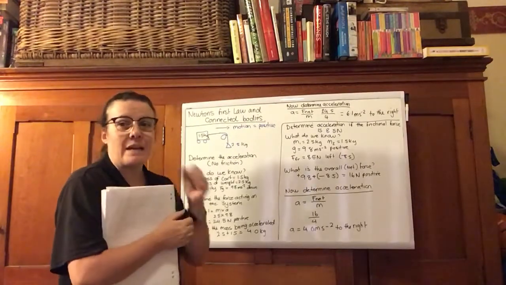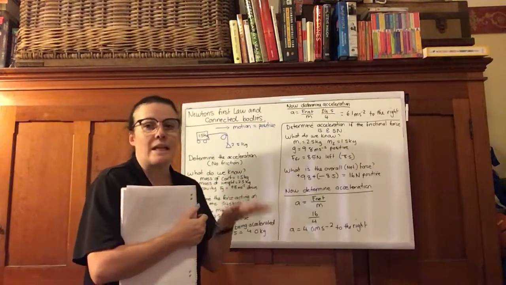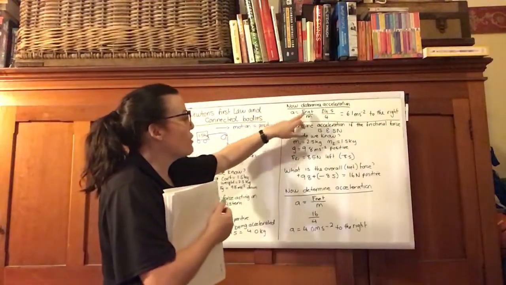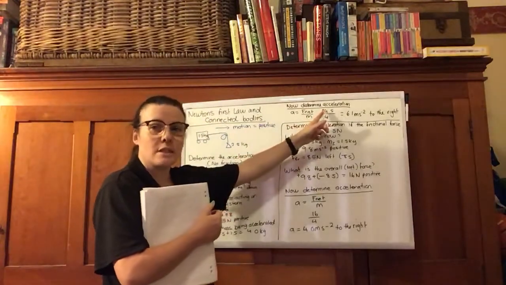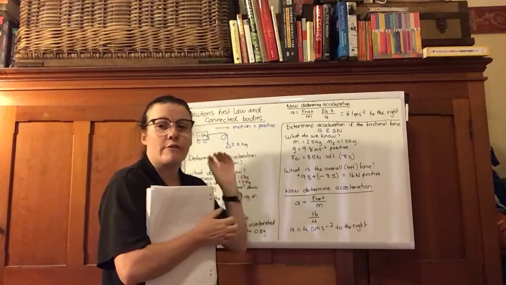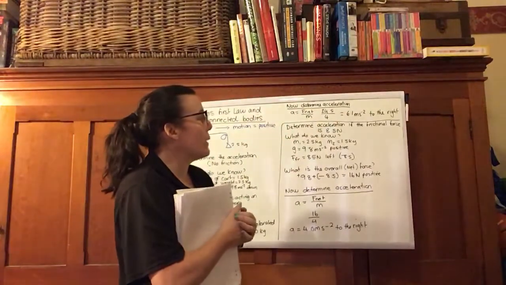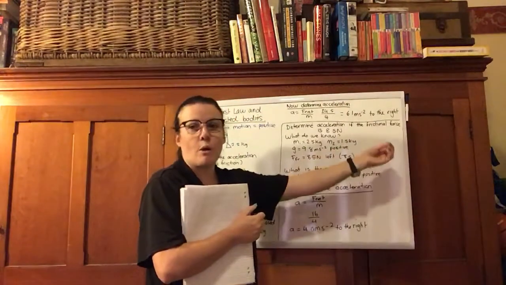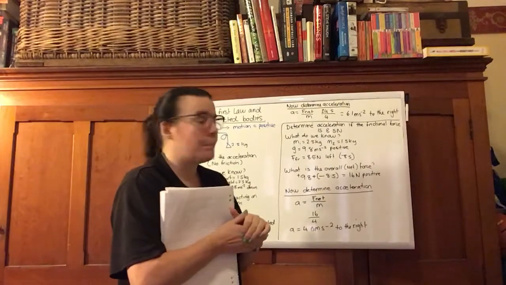Okay, so now that we have the force worked out and we have the total mass worked out, now we can actually determine the acceleration. Alright, so acceleration will be our force. Now we said before the force was 24.5 newtons. And we're going to divide that by the 4 kilograms of the cart and the weight. And that's going to give us an acceleration of 6.1 meters per second squared, to the right or to the positive, whichever way you want to describe it.